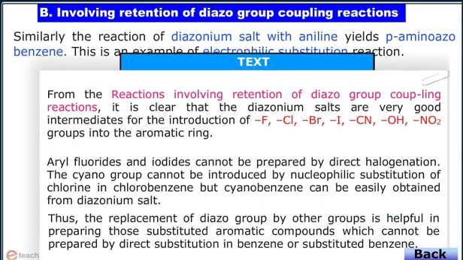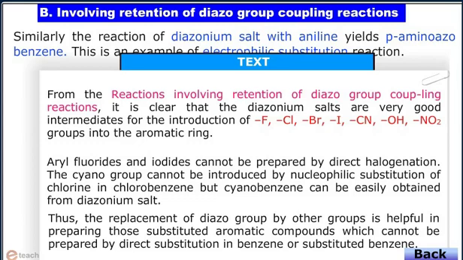From the reactions involving displacement of nitrogen and coupling reactions, it is clear that diazonium salts are very good intermediates for the introduction of F, Cl, Br, I, CN, OH, NO2 groups into the aromatic ring. Aryl fluorides and iodides cannot be prepared by direct halogenation.